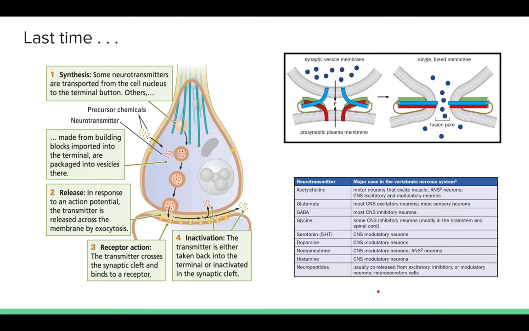And today we talk about part 3 of this diagram, the last part of the equation, which is the receptors, the place where the neurotransmitters bind, and that really cause the effects that those neurotransmitters have.